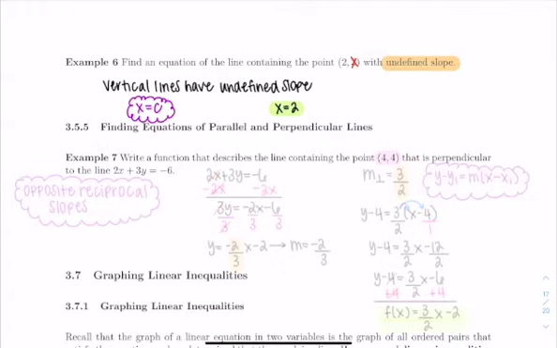And for the last one, we want to write a function that describes the line containing the point (4, 4) and is perpendicular to 2x plus 3y equals negative 6. What we can remember from perpendicular lines is that they have opposite reciprocal slopes.